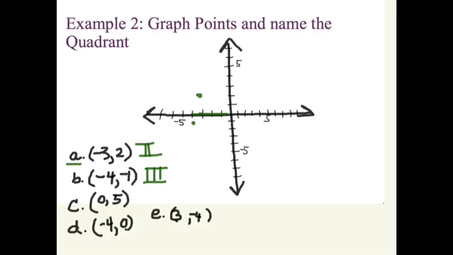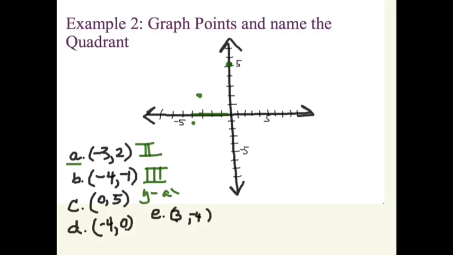Next, we've got this point on the y-axis, so we are at 0 and we go up to +5. Our point lands here, but this is a really good question. What quadrant is it in? It happens to be on the y-axis, so that was kind of a trick question.